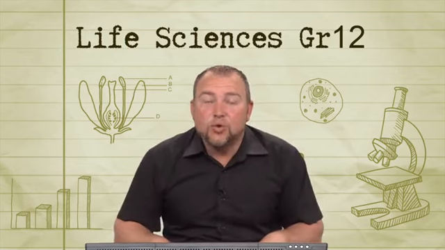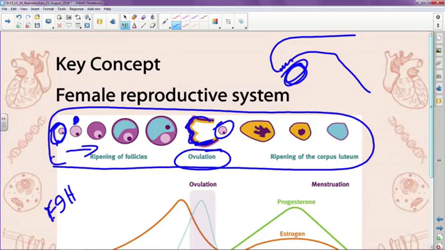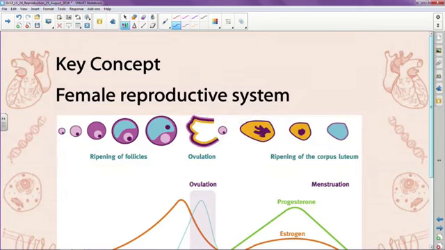And once that egg, or the ovum, is released, the releasing of that egg is called ovulation. This big piece here changes and becomes the corpus luteum. The corpus luteum keeps producing progesterone, and the smaller it becomes, the less it does.